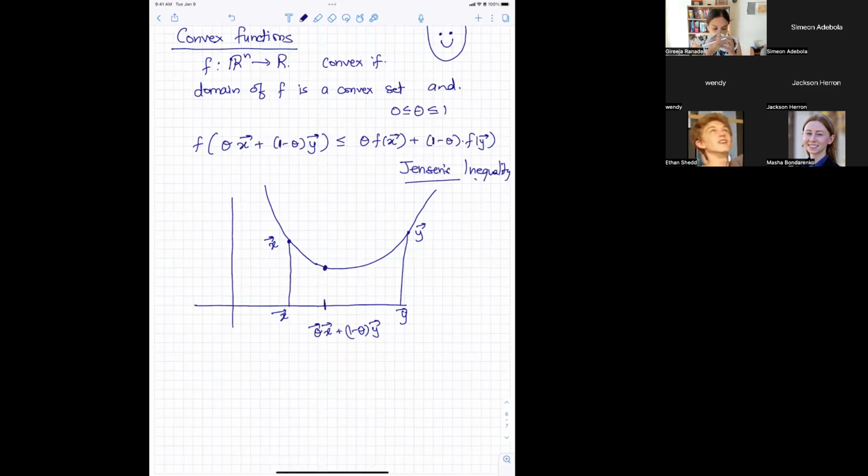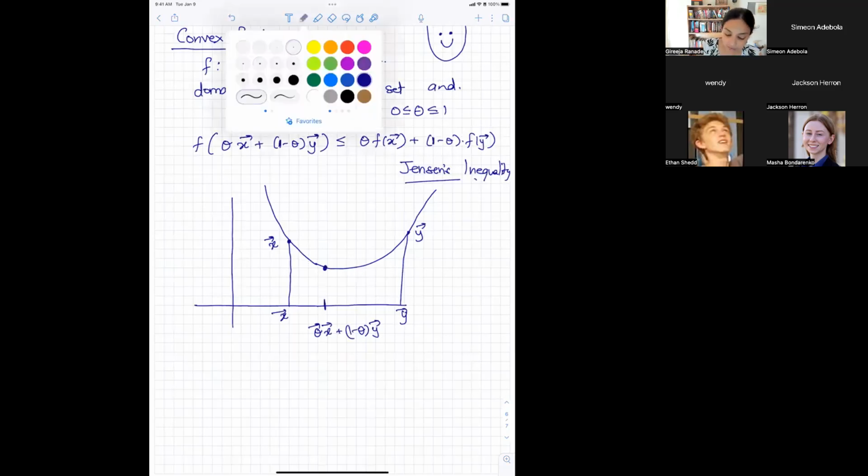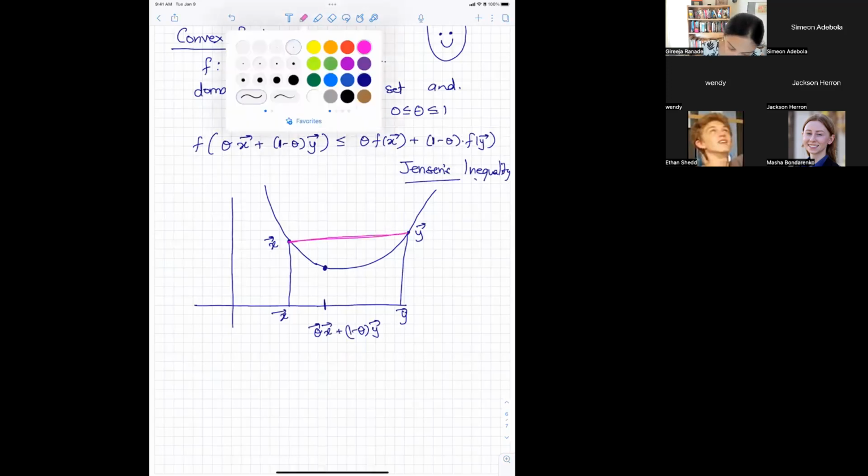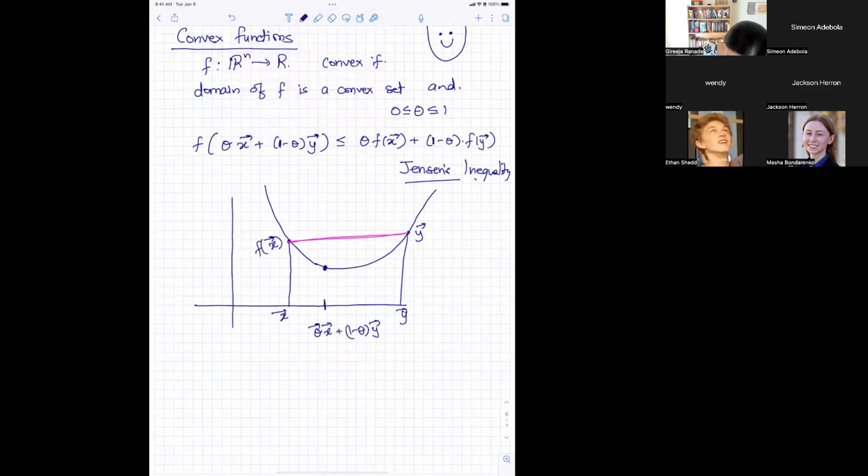Okay? On the other hand, for the weighted sum of the function values, this point is f of x, this point is f of y, and the weighted sum of these will be here: theta times f of x plus 1 minus theta times f of y.